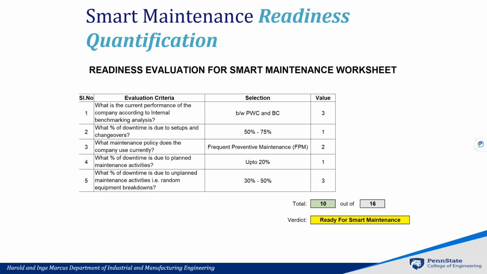If it reaches at least 10 out of 16, then we say, hey, this company is now ready for investigating or investing in smarter maintenance or condition-based maintenance because they're fairly lean otherwise, so we can get more from the system now by being better at maintenance.